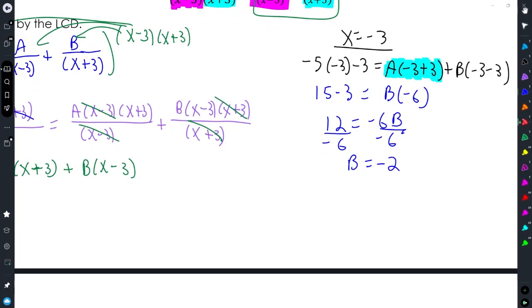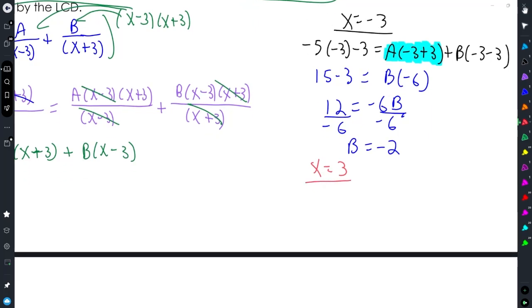Now if I do the same thing for x equals positive 3, that's going to be negative 5 times positive 3 minus 3 equals a times 3 plus 3 plus b times 3 minus 3. Whoops, that wasn't the order.